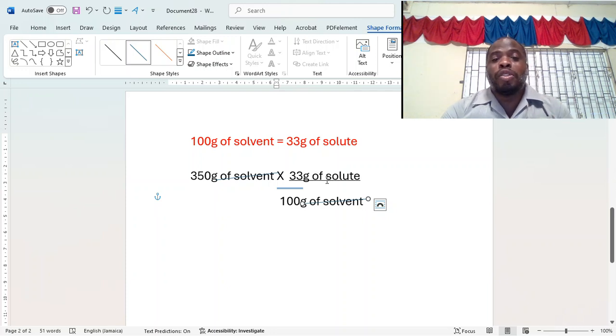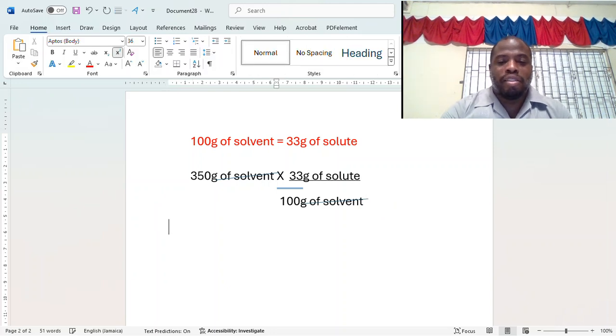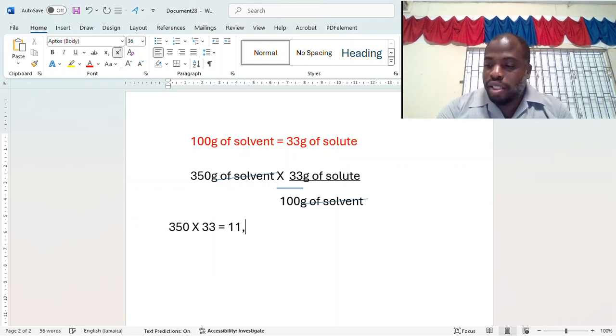We want to know how much it's going to be holding when it is saturated, which simply means this in itself is 350 times 33, which gives us, when I worked it out, 11,550. And then we're going to divide that by 100.